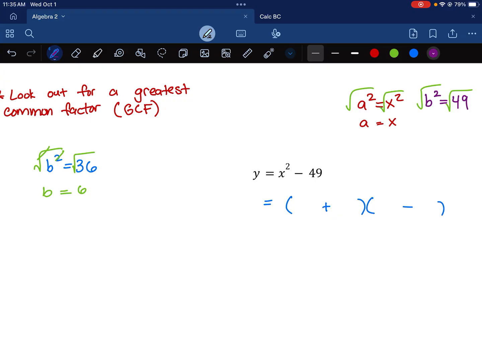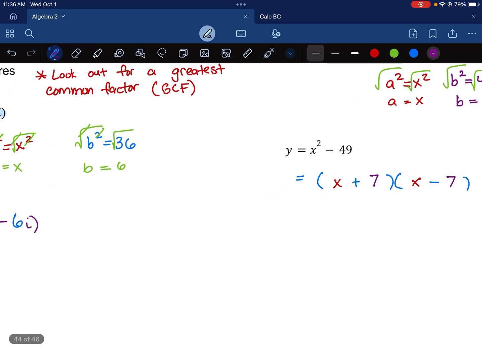When we square root b squared, that's a b. The square root of 49 is a 7. From here, you're just subbing it into your formula. We know a always occupies the first spot, so if a is equal to x, x goes in the first spot. And then b always goes in the second, so b is 7, so x plus 7, x minus 7. You did it, you're all done.